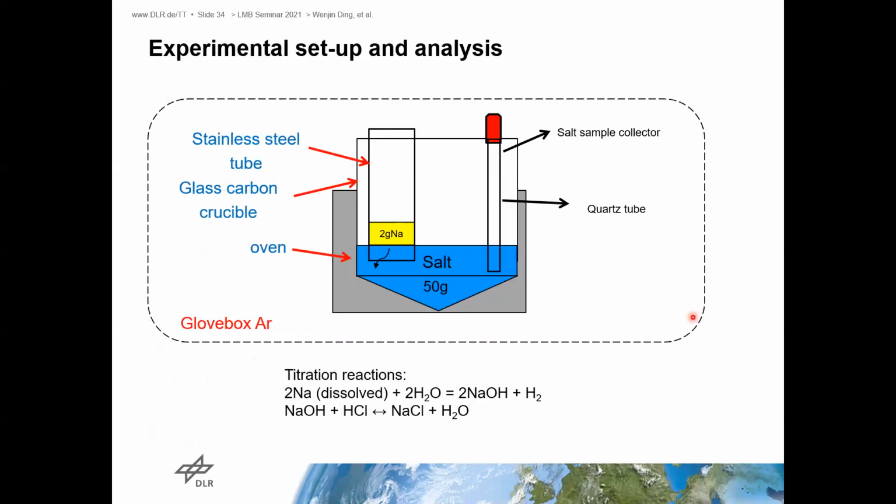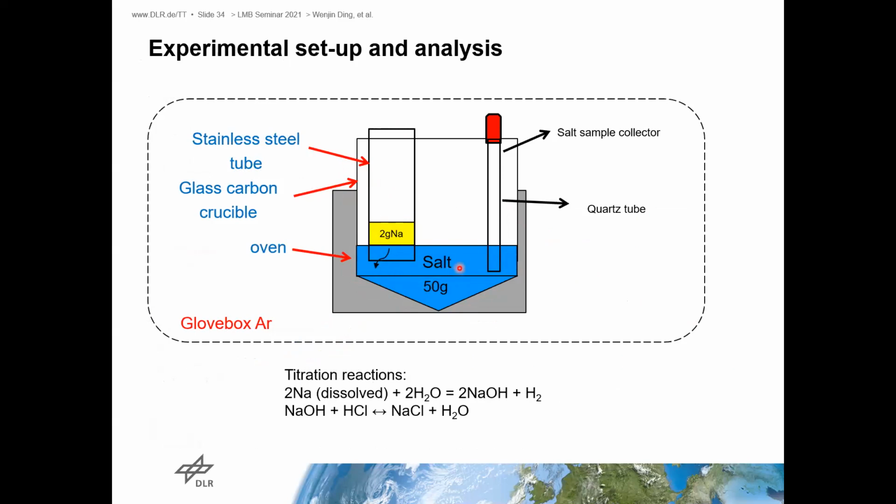Here it shows the setup and the analysis method to measure the sodium solubility. We use a glassy carbon crucible to contain the salt, and a stainless steel container for the sodium metal. We heat it to high temperature, and the sodium dissolves in the salt.